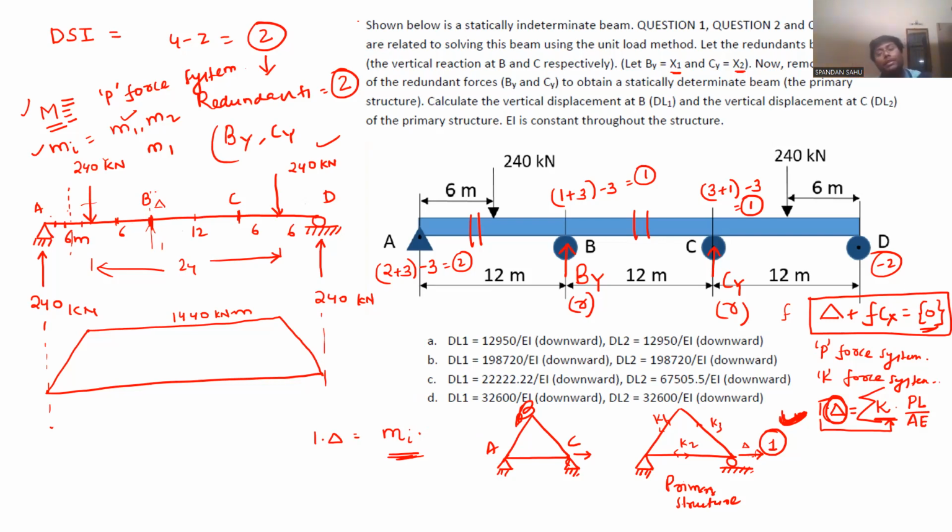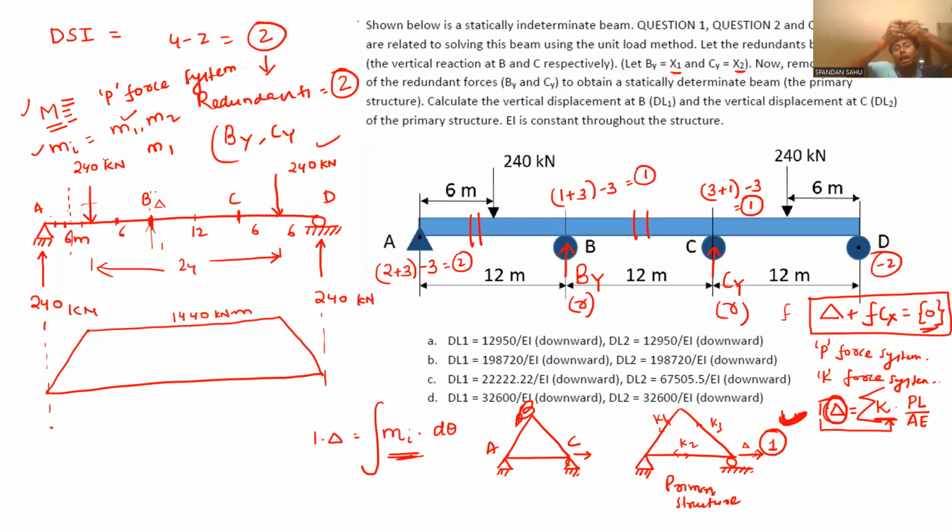If the beam is getting bent, then there will be some rotation, d theta. Here summation won't work because those are not discrete members. For a truss you can write for each member PL by AE.